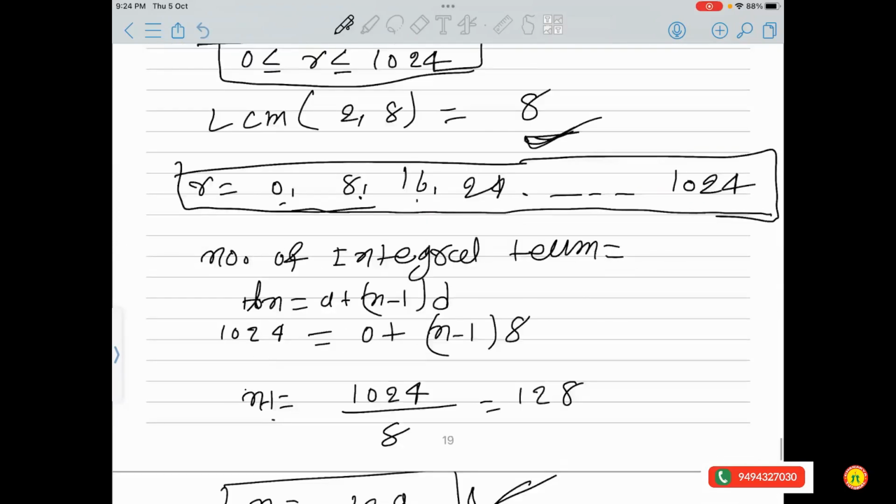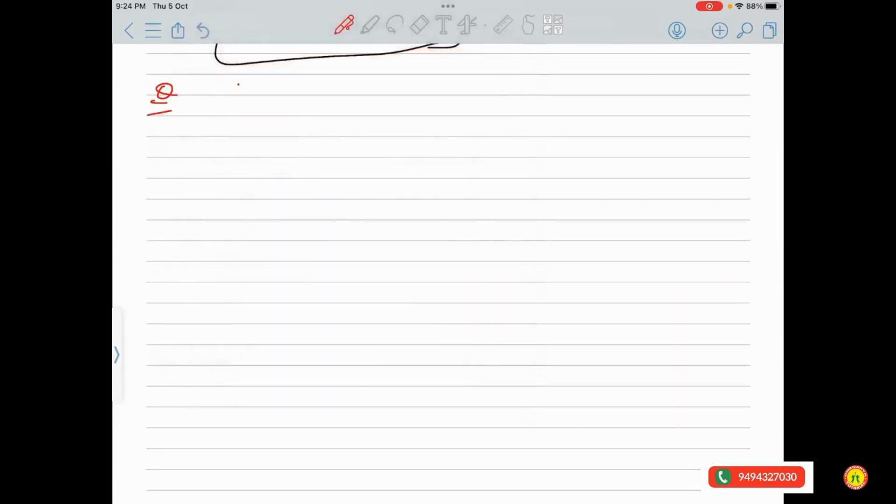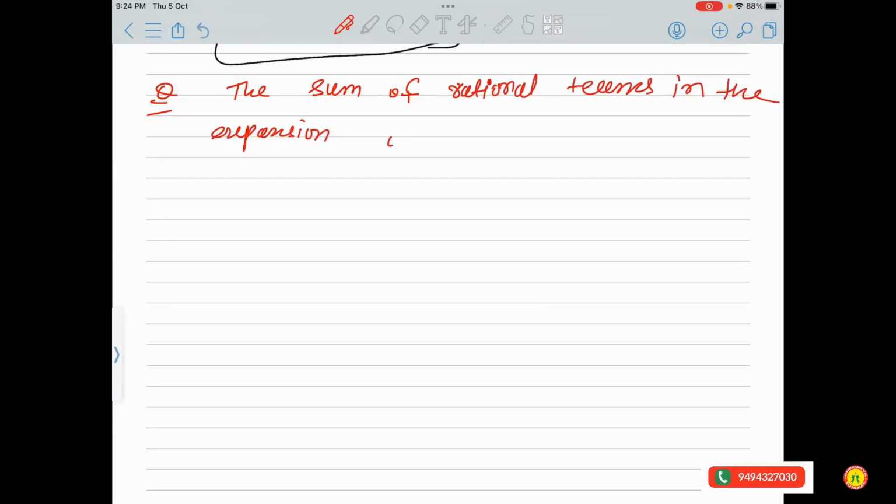A similar question I am giving you to solve. The sum of rational terms in the expansion of (root 2 plus 3 power 1 by 5) power 10, or you can also write it as (2 power 1 by 2 plus 3 power 1 by 5) power 10.